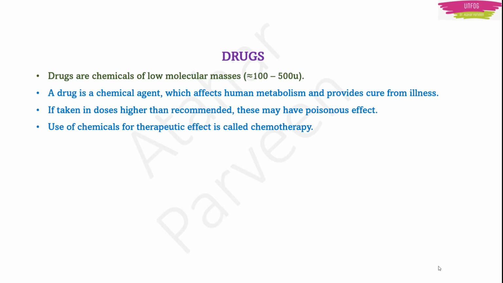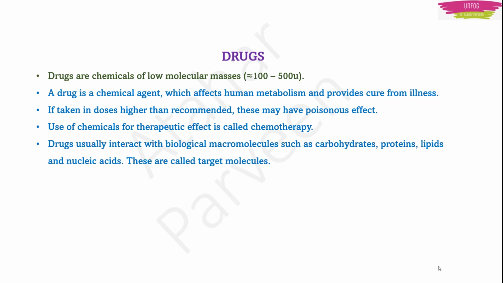And if we use these chemicals for therapeutic effect, we call that type of therapy chemotherapy. You must have heard people with cancer usually undergo this therapeutic use of chemicals, which we call chemotherapy.